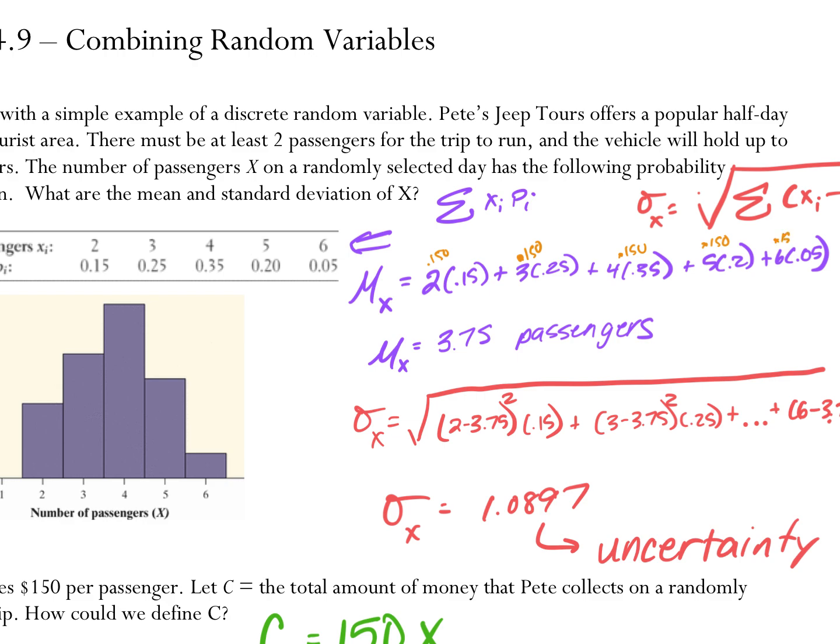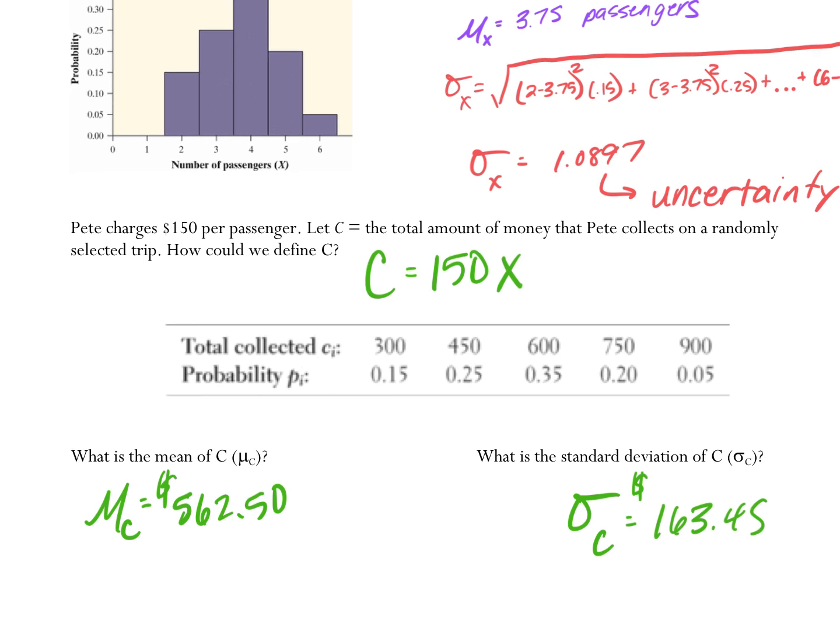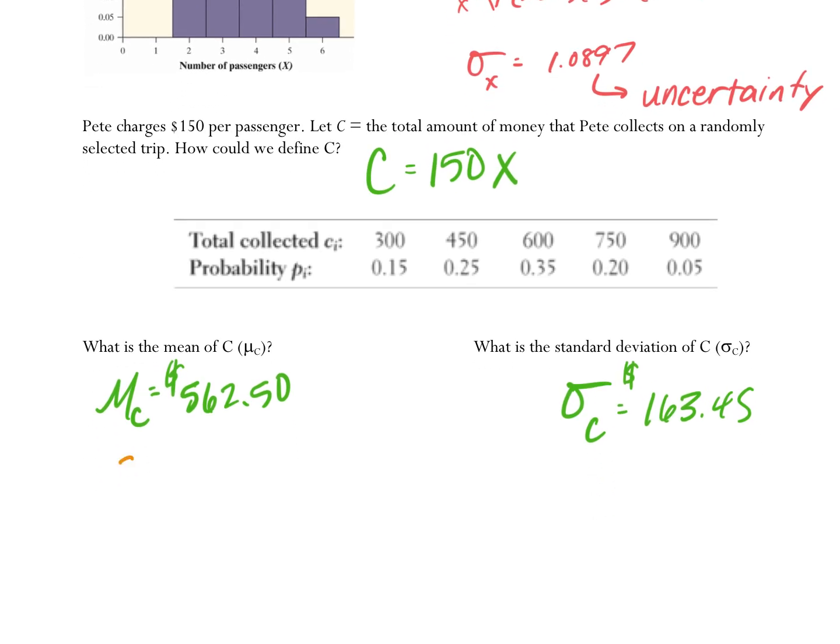And we kind of talked about this before, that if you had a set of numbers, multiplying changes both the mean and the standard deviation, yeah? Is everybody good? Okay? So really, this is just 3.75 times 150. And this is 1.0897 times 150. That's where those are coming from.